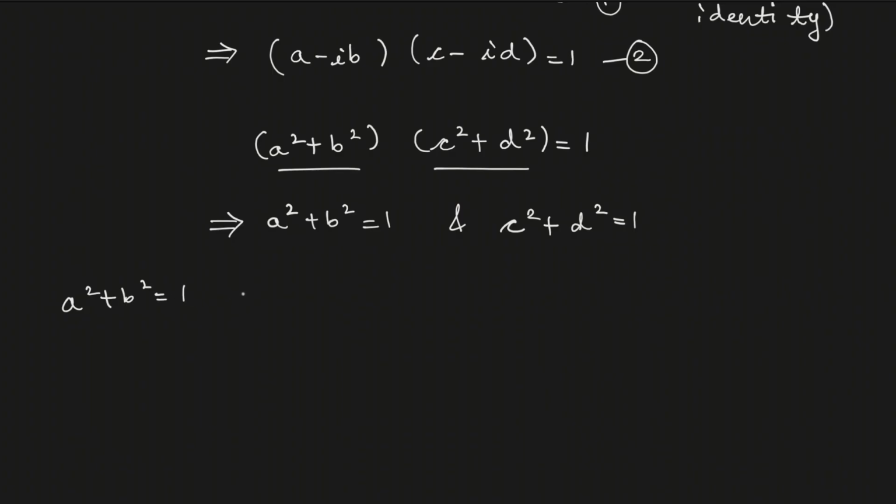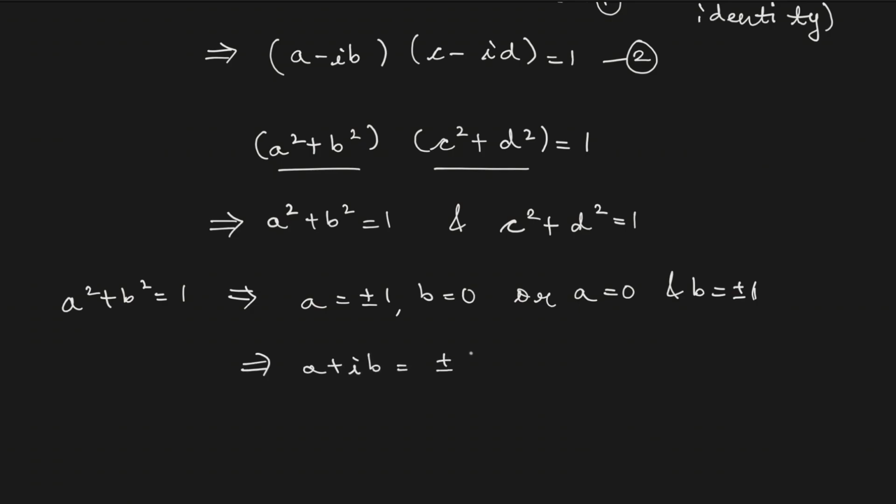So A square plus B square equal to 1. Now here there will be two possibilities. Either A is plus minus 1, B is 0, or A is 0 and B is plus minus 1. This means A plus iota B is equal to plus minus 1 or plus minus iota. And similarly, C square plus D square equal to 1.